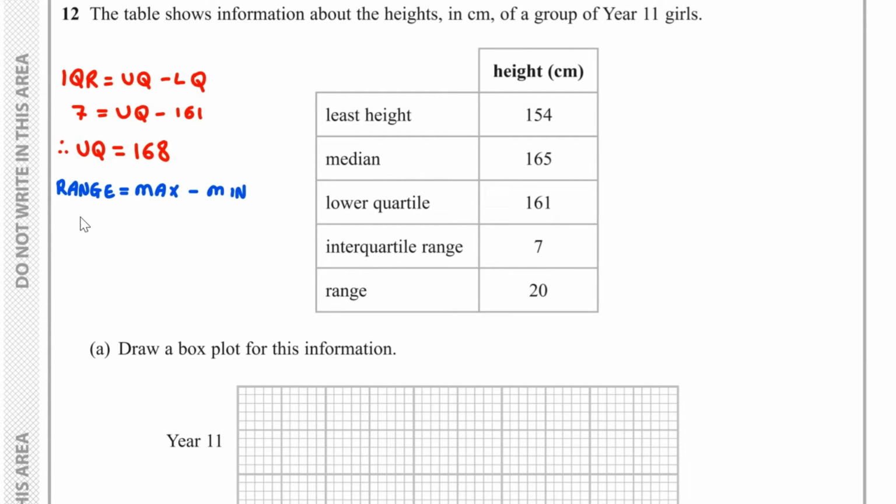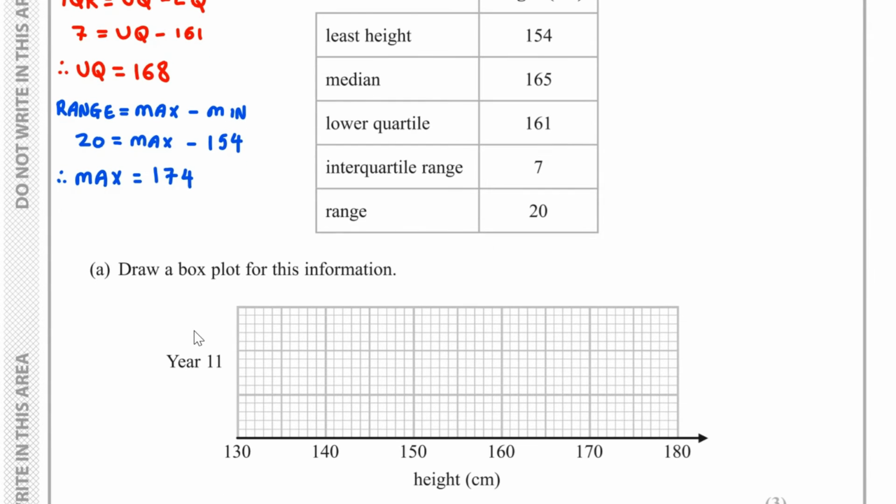We've been given the range as 20, and the minimum, the least height, as 154, so therefore the maximum height is 20 plus 154, which is 174. Now what we need to do is plot all of these.